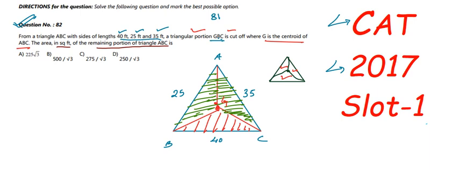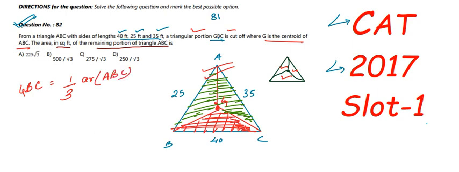It is applicable in every triangle, therefore it is also applicable in our triangle ABC. So this part is 1/3 of the triangle. Triangle GBC will always be 1/3 of the area of ABC, that is the complete triangle.